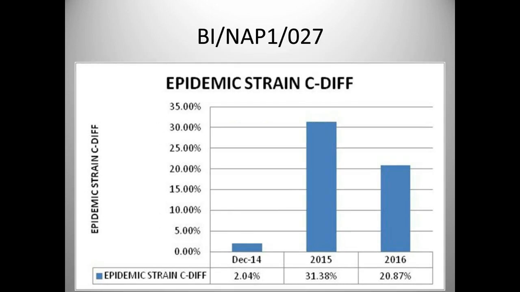So of the positive C. diff tests in 2015, 31.38% was considered the epidemic strain. And then in 2016, it was down to 20.87.